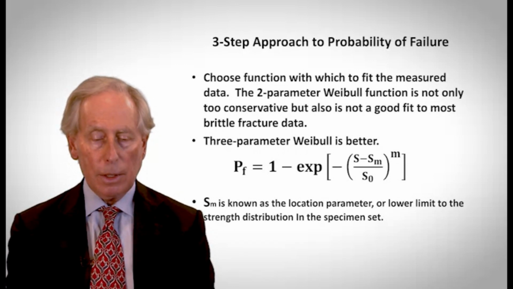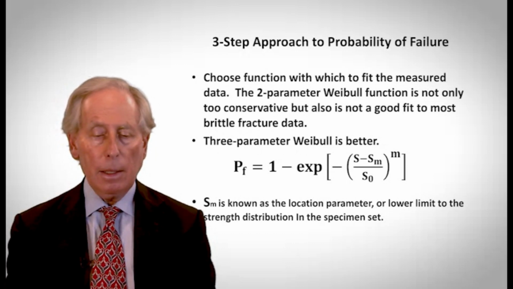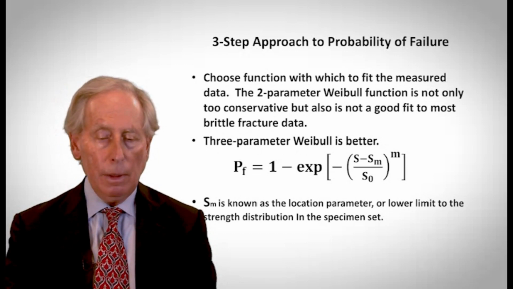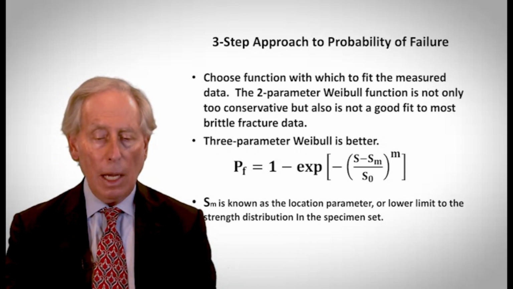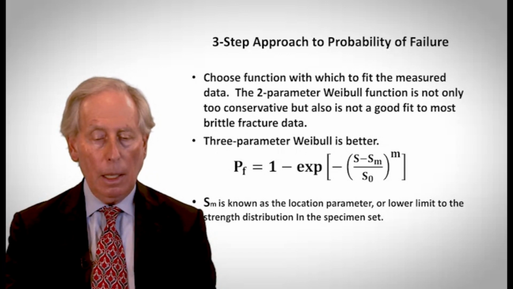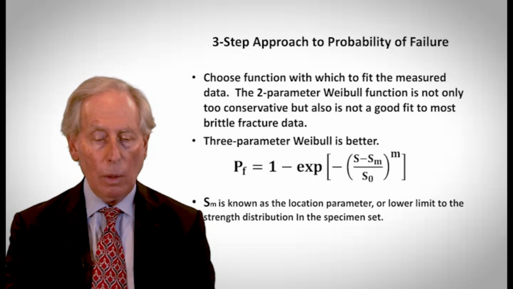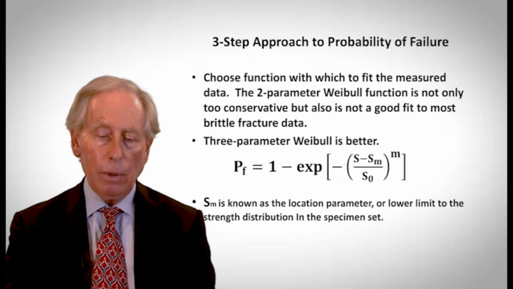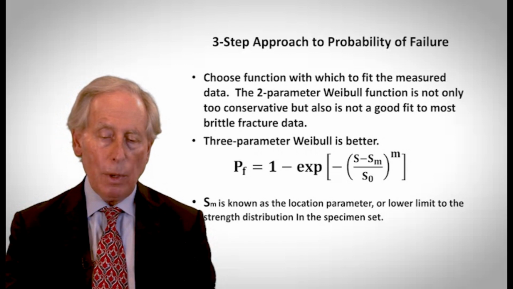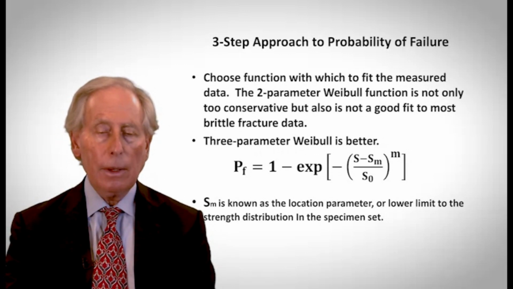of brittle materials. But having said that, one expression that Weibull did develop does work significantly better, namely what is called a three-parameter Weibull equation, where the other parameter that wasn't present before is known as the location parameter, or the lower limit to the strength distribution. If you recall, if we don't look at this expression that contains the minimum strength, then there's a probability of failure at zero stress. In most minds, that is extremely unlikely.